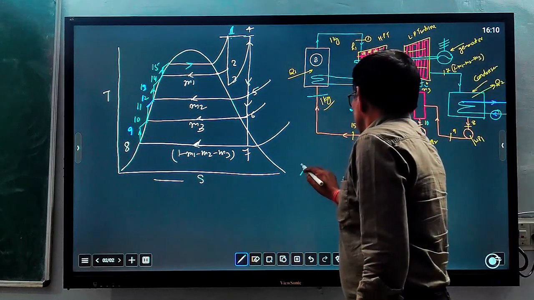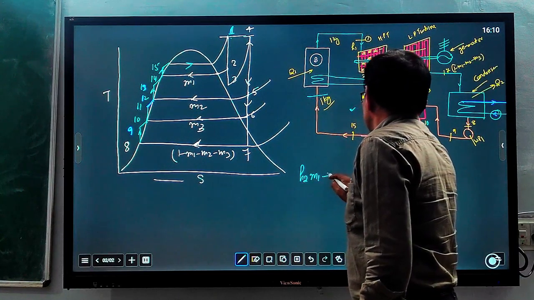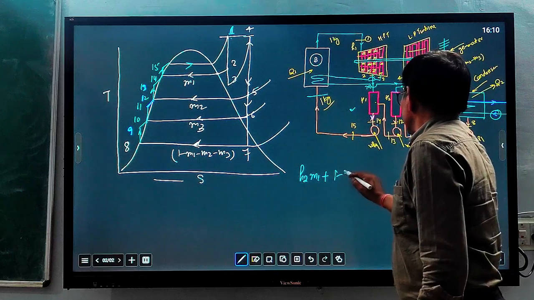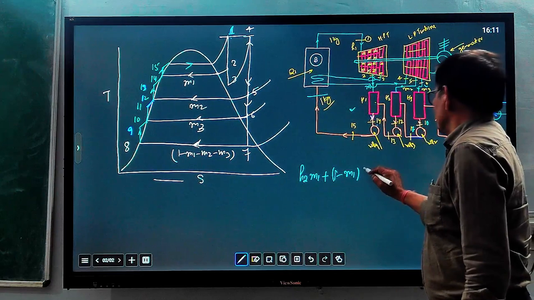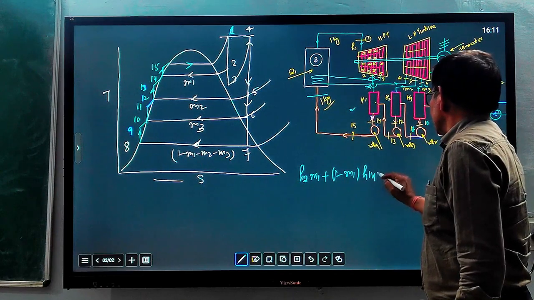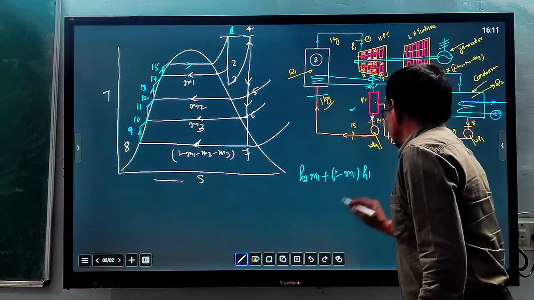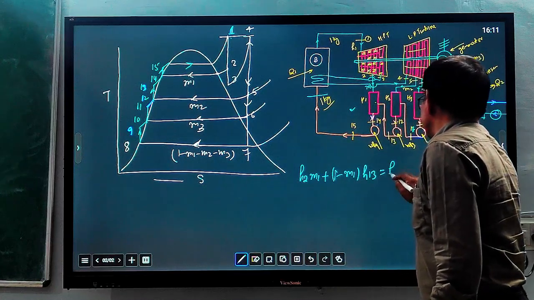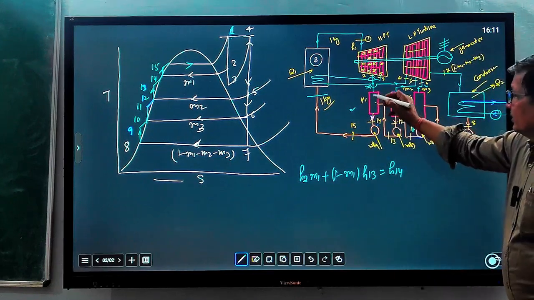So H2 into M1 plus (1 minus M1) into the enthalpy at this point, H13, equal to H14, the outgoing stream from this heater.